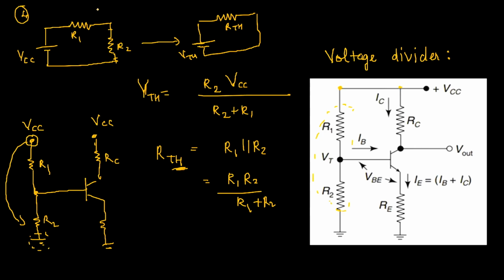That will give you the value of VTH. So using the voltage divider rule, we know that the potential across R2 will be VCC into R2 divided by R2 plus R1. The potential across R2 will act as my Thevenin's voltage, and my RTH will be R1 parallel to R2.